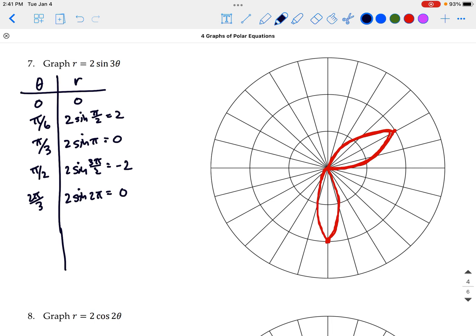So we'll keep going here. So we'll go to 5 pi over 6. At 5 pi over 6, we're going to get 2 sine of 5 pi over 2, which is the same as pi over 2, which puts us at 2. So at 5 pi over 6, we'll be back at 2.